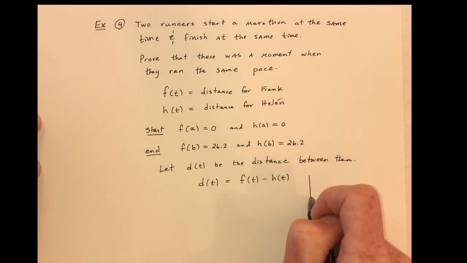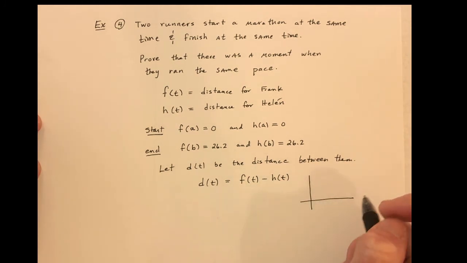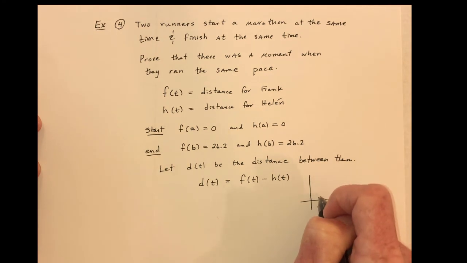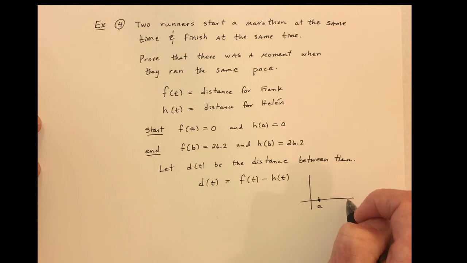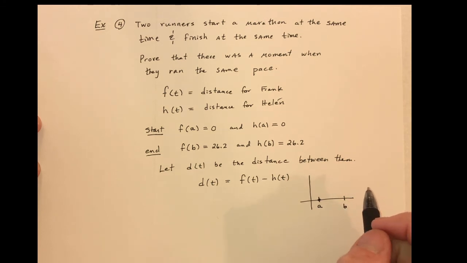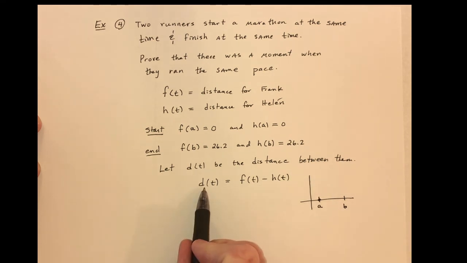So at the beginning of the race, whether that was 8 a.m. or 6 a.m., then they have run 0. And here's time B. And right now I'm going to graph the D function.